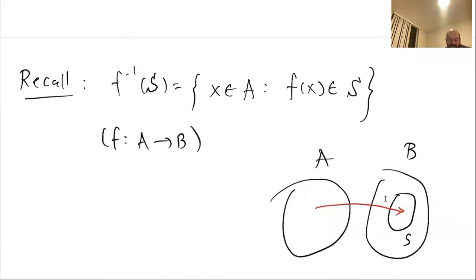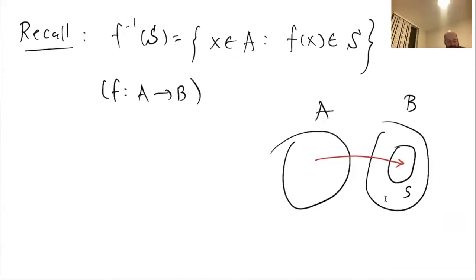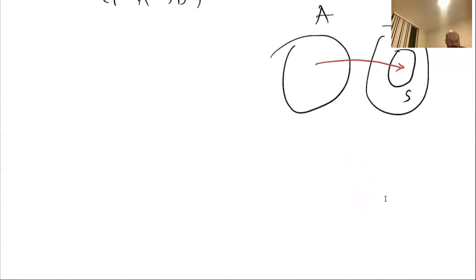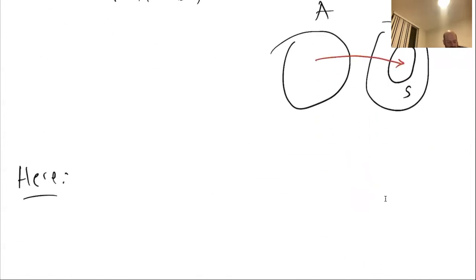The set of all elements in A that are going to be mapped into S. So you have to look at elements of A. If a particular element is mapped into S, that element will be inside f inverse of S. Otherwise, it's not inside f inverse of S. So here, you want to find f inverse of this set of x such that x is bigger than 4.